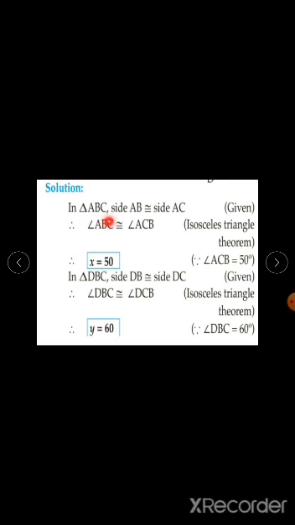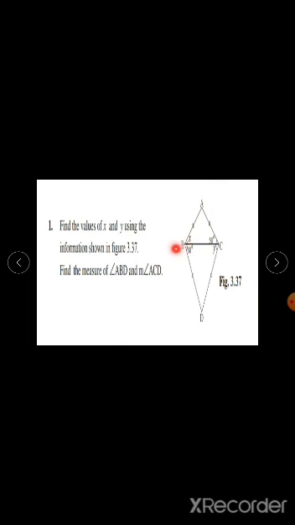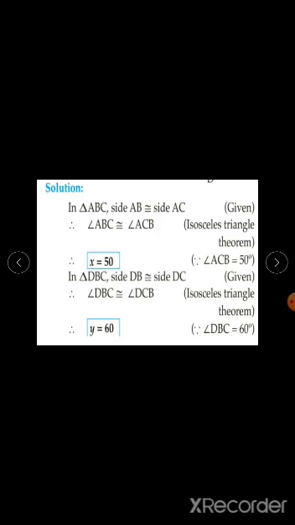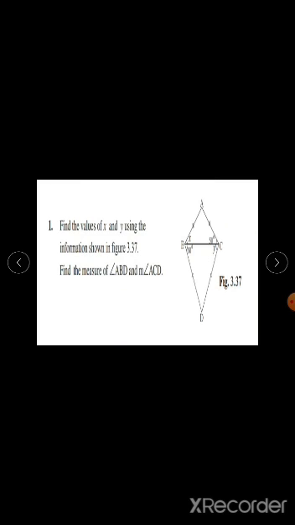In triangle ABC, side AB is congruent to side AC, given. Therefore, angle ABC is congruent to angle ACB, and the reason is the isosceles triangle theorem. If two sides of a triangle are congruent, then the angles opposite to them are congruent.